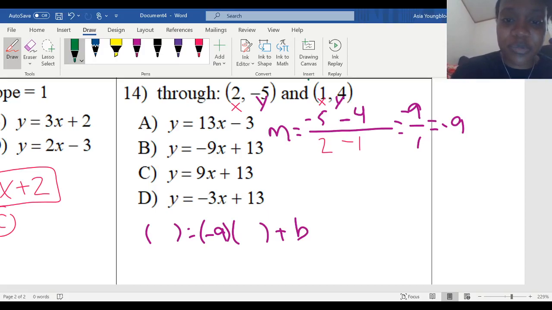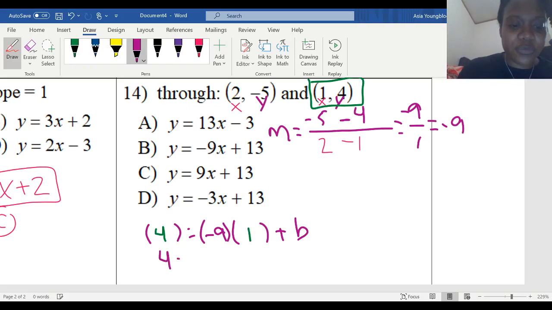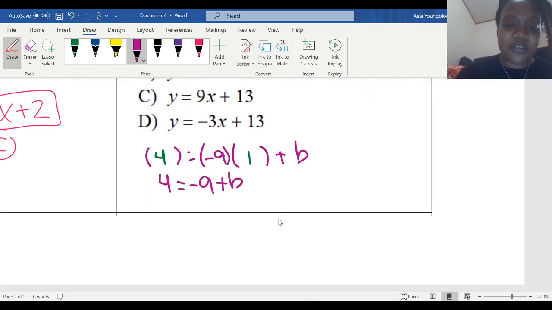I'm going to choose this point because it doesn't have any negatives. So we're going to plug in 4 for the y value and 1 for the x value. And now we're solving. So 4 equals, we can simplify the right side of our equation with multiplication, negative 9 times 1 is negative 9 plus b. And then to get b by itself, we need to do inverse operations and add the 9 to both sides of the equation.